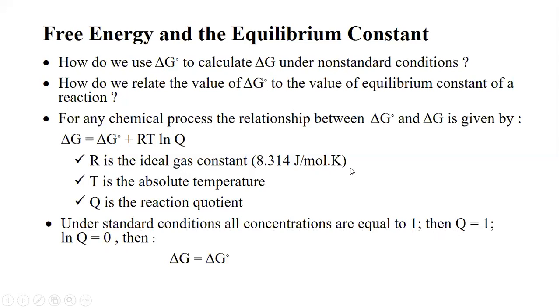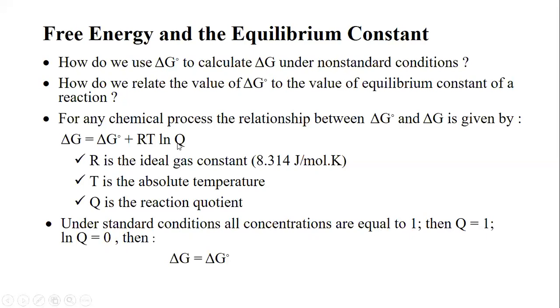If you multiply the activities of the products, and each one of them has the value 1, divided by the multiplication of the activities of the reactants, then everyone is 1. So 1 times 1 times 1 divided by 1 by 1, so Q equals 1.